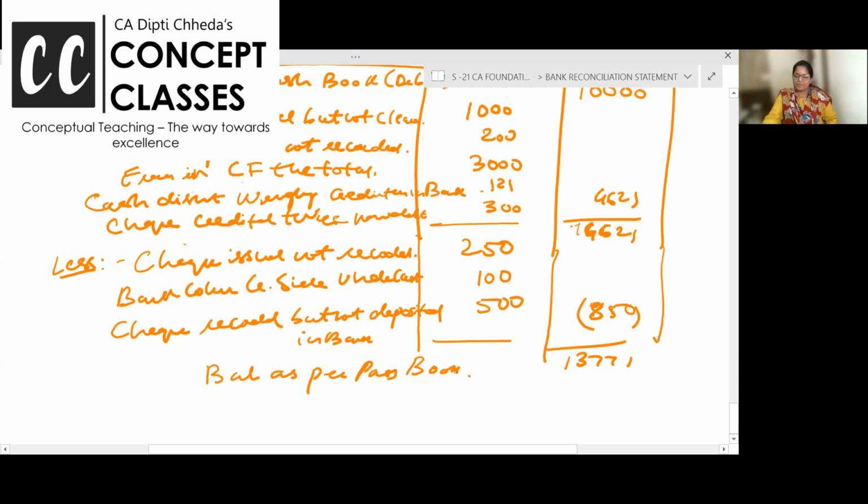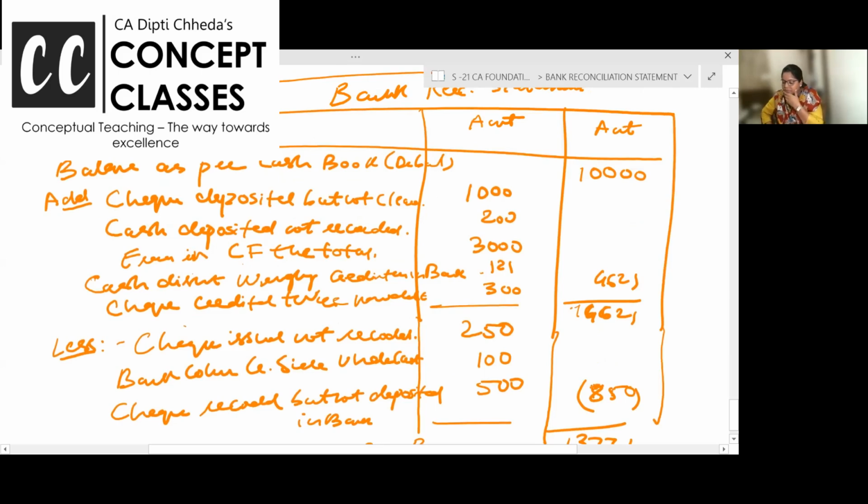Easy. The last one is clear. I have recorded in the books a check from the customer, but I didn't deposit it in the bank, so it will not go into clearing, so I should only credit it. Clear?